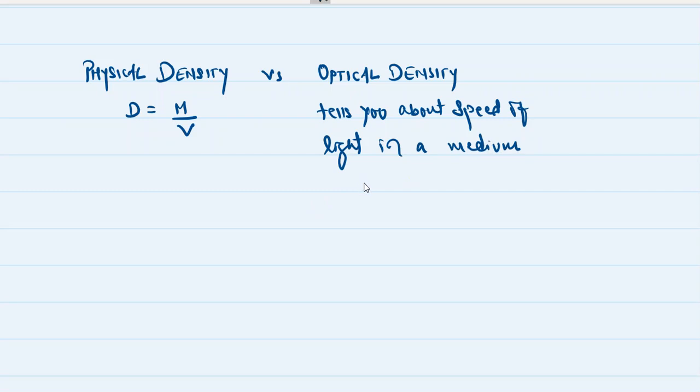If speed of light, the symbol for speed of light is c, small c actually. Let me make a small c for you. If the speed of light in a medium A, let's say, is greater than the speed of light in another medium B, there are two mediums A and B, right?